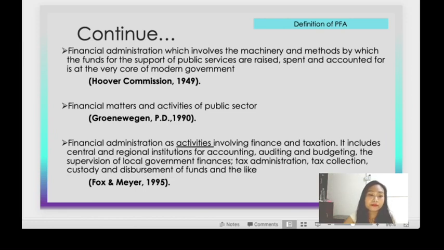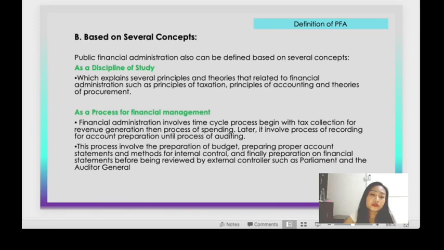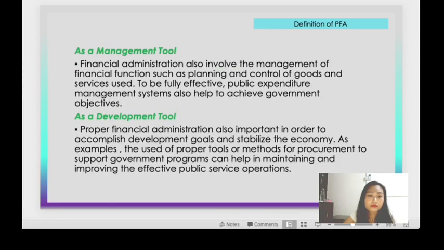Okay, next, second one, the definition of PFA based on several concepts. Okay, I don't want to talk a lot here, so maybe you can read by yourself later. PFA as a discipline of study, PFA as a process of financial management, as a management tool, and also as a development tool.